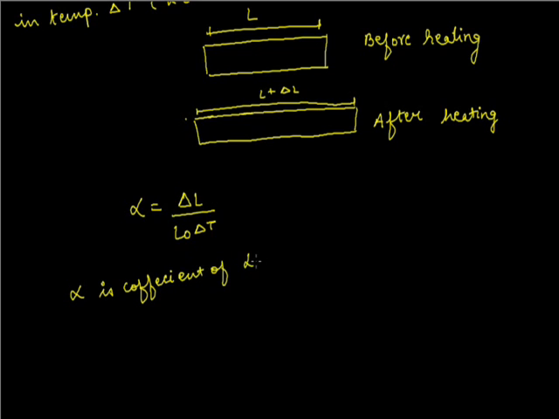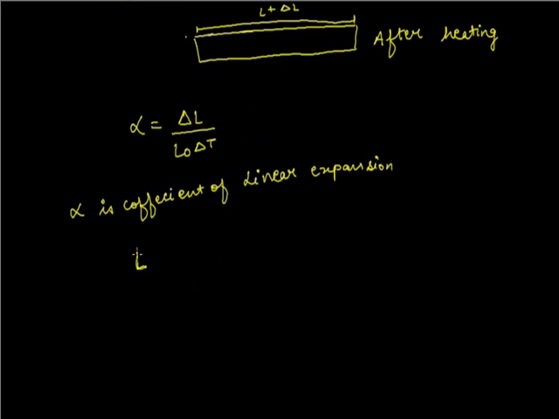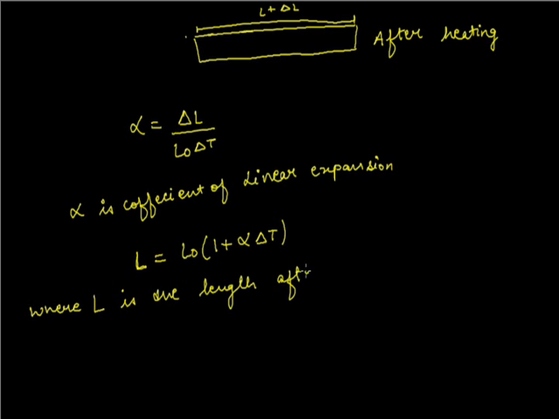It can also be written as L is equal to L naught into 1 plus alpha delta T, where L is the length after heating the rod.